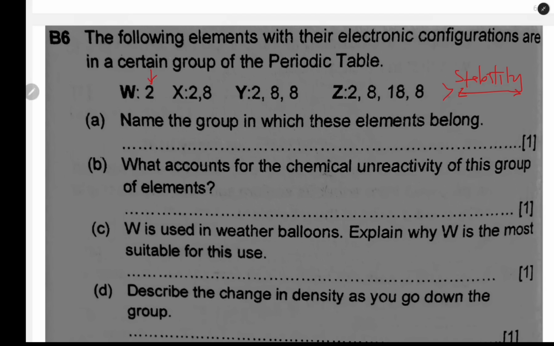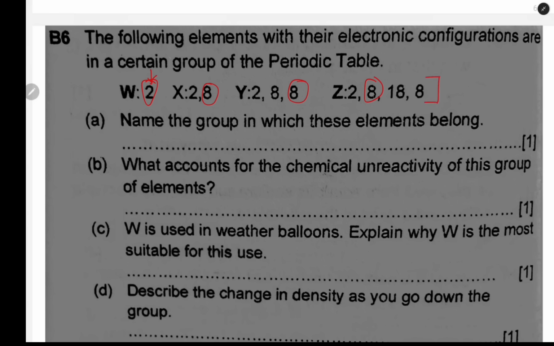So only 1 shell, 2 is stable. 2 shells, 8 is stable. There is only one group on the periodic table where you find stable elements, and that is group 8.